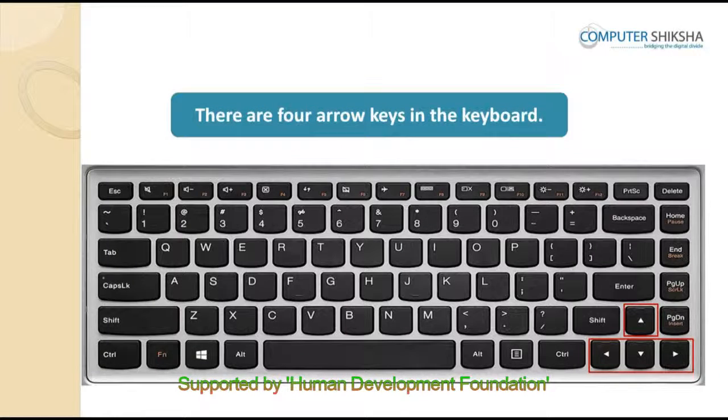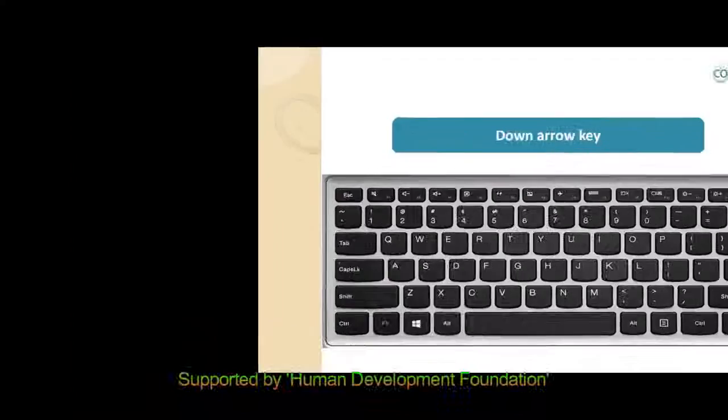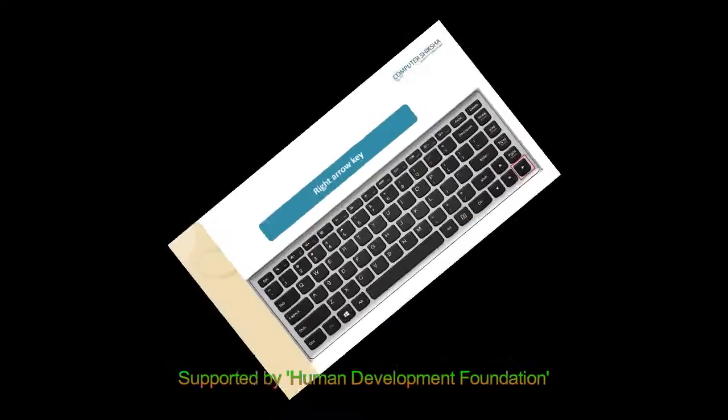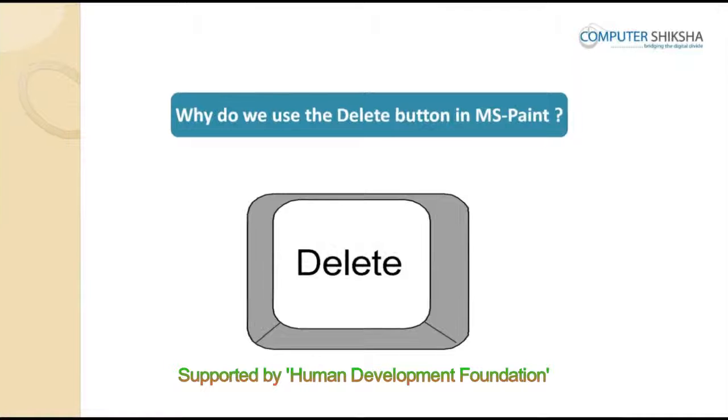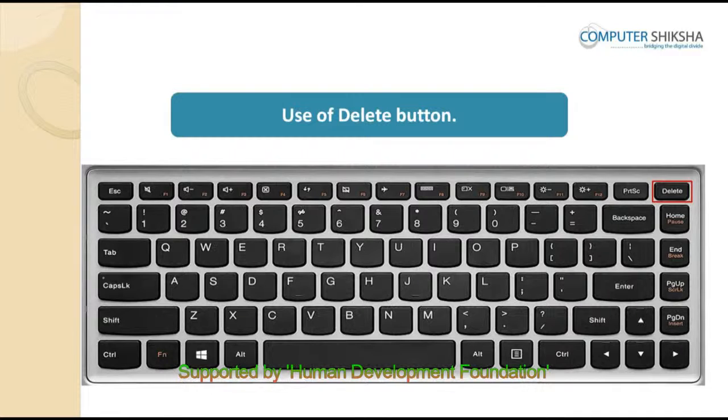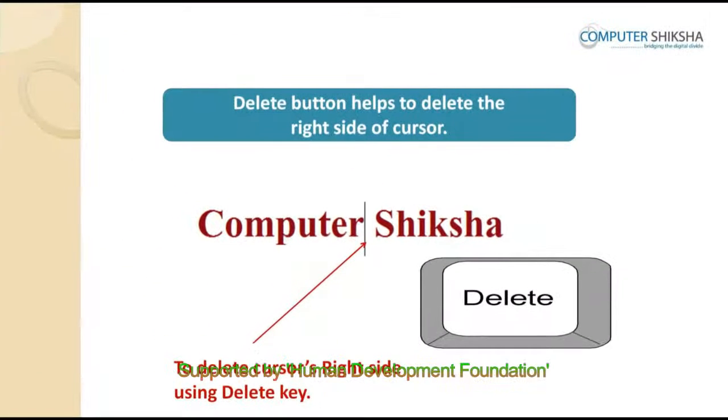There are 4 types of arrow keys and these are used to move the cursor. They are called the up, down, left and right arrow keys. Why do we use the delete button in Mspaint? We use the delete button to erase words on the right side of the cursor.